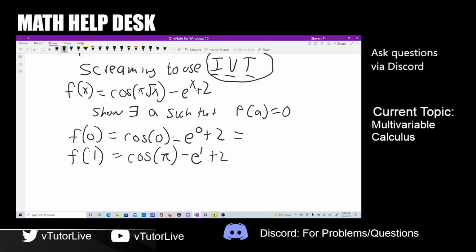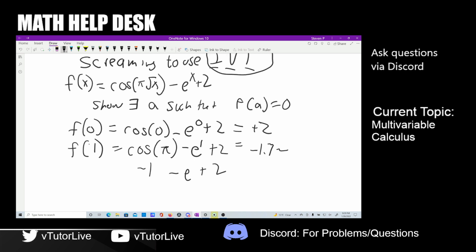So what does the first one come out to? This basically becomes 1 minus 1 plus 2, so this is a positive number. And this one down here is negative 1 minus 1, or sorry, minus e plus 2. I don't know exactly what that is, but it looks like negative 1.7 or so. I don't really care about the specifics.